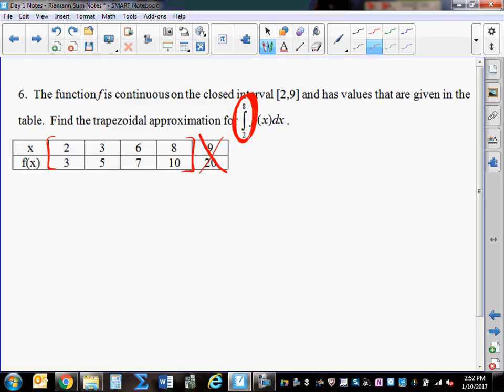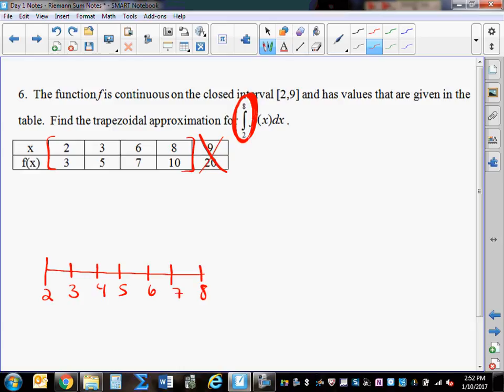Alright, so we're approximating this with trapezoids. Now let's see. They didn't tell us if it's a certain number of intervals. They didn't tell us the width of it. But we're just going to use the intervals that are given to us here. So if we go ahead and draw our chart, we have 2, 3, 4, 5, 6, 7, 8. 3, 6, and 8.